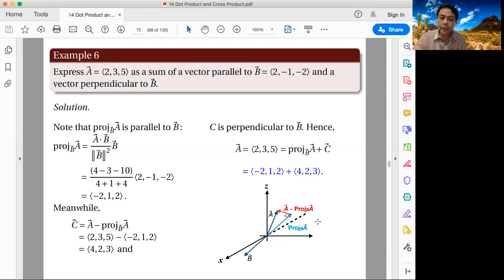Since this is the projection of A onto B, the vector A minus the projection of A onto B is orthogonal to that projection. So that's how we got C equals A minus the projection of A onto B.